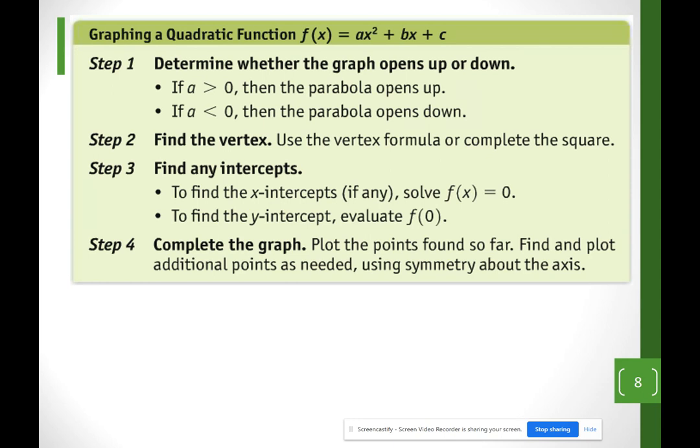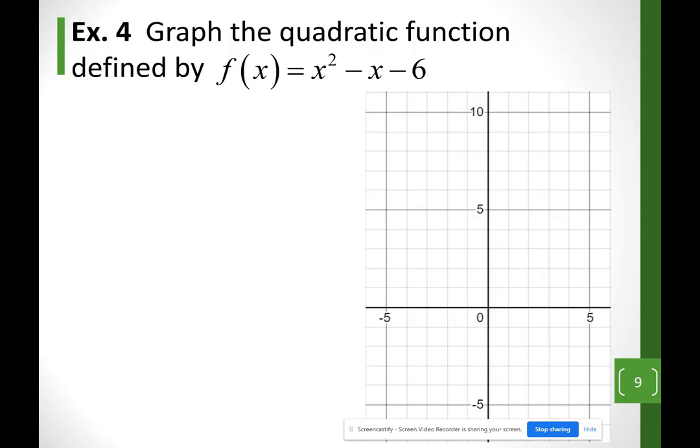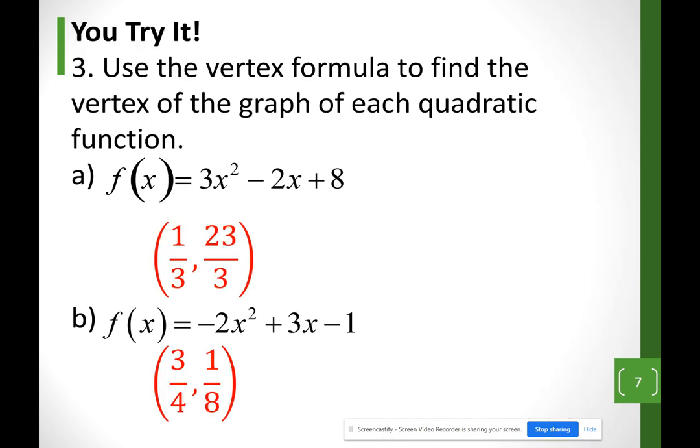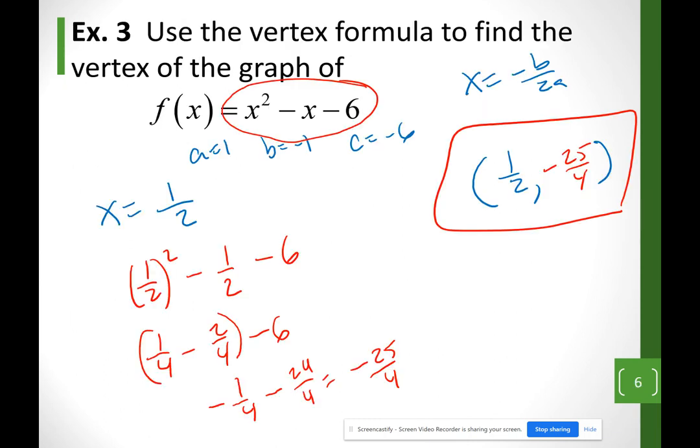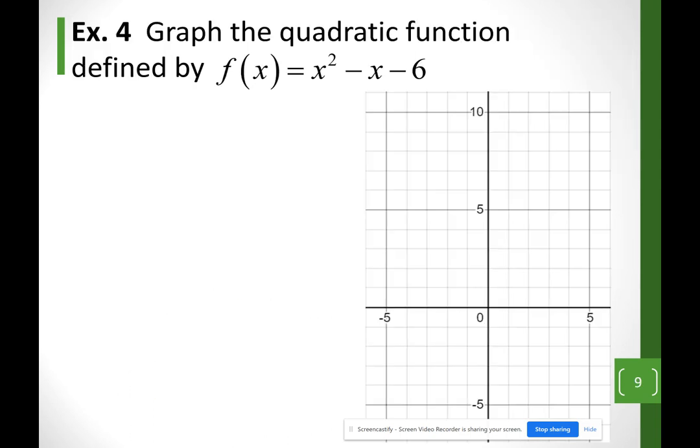Now let's talk about finding the intercepts, and then we should be able to complete the graph. Looking at this, x squared minus x minus 6. That looks very familiar. We found that my vertex was 1/2, negative 25 over 4. So find your vertex however you can.